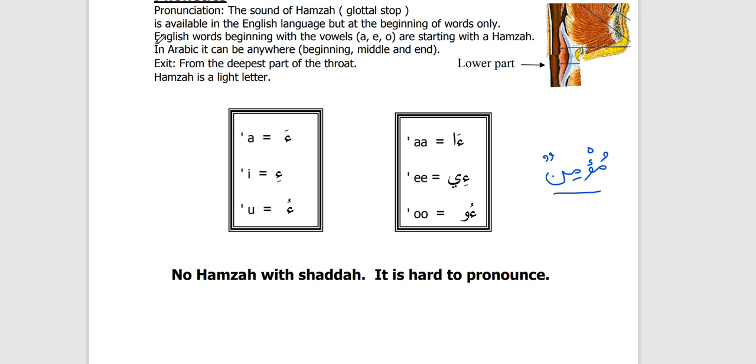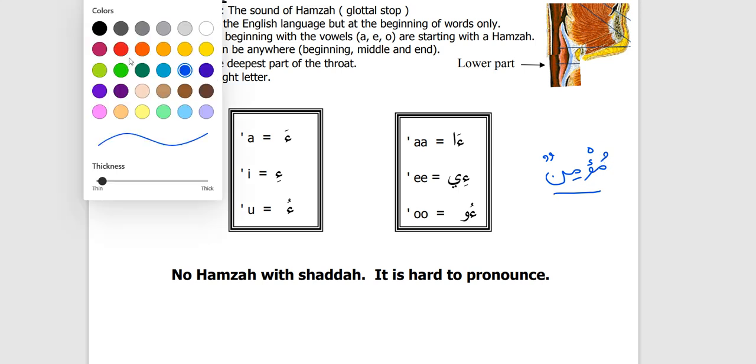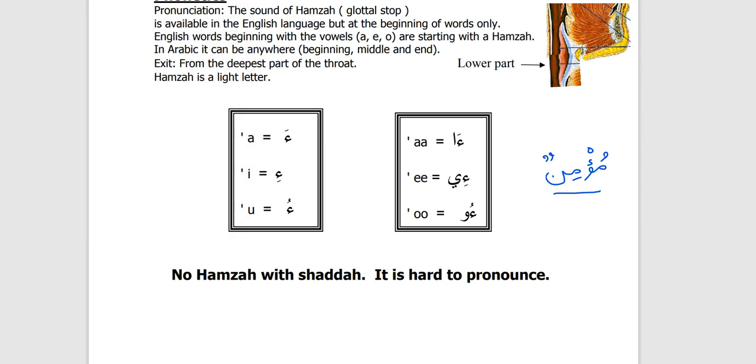Now, when you see this letter Hamza coming over a waw, sitting on a waw, it is actually the Hamza, not the letter waw. Due to this haraka dhamma, the letter waw corresponds with this haraka dhamma.